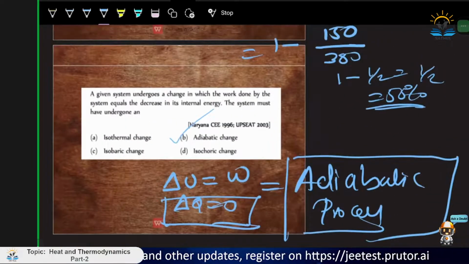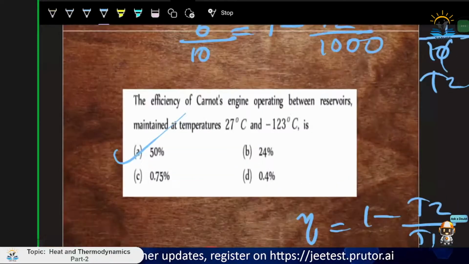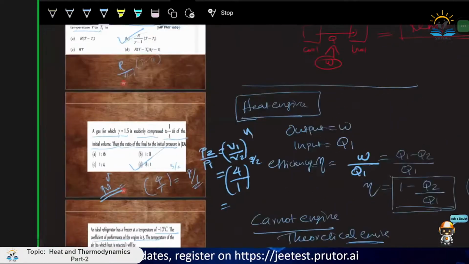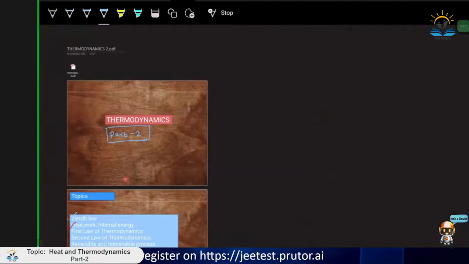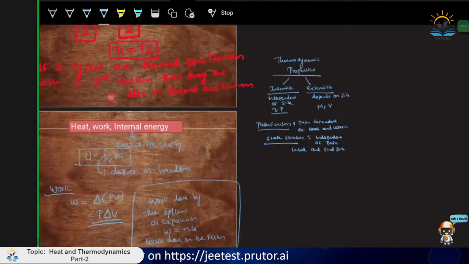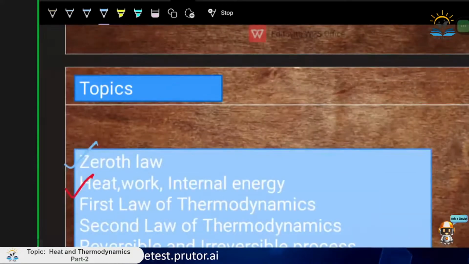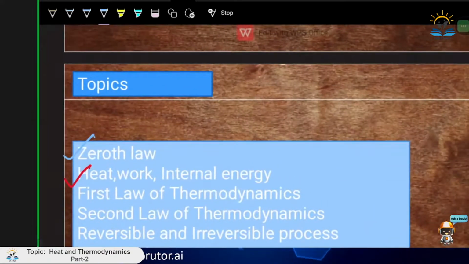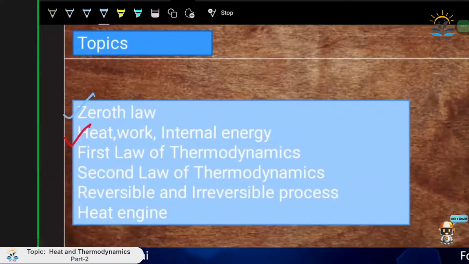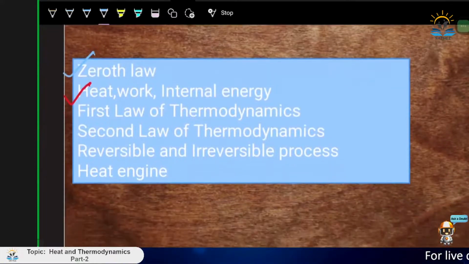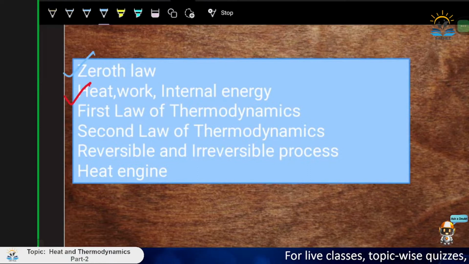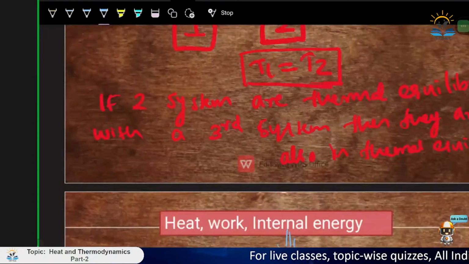Okay, fine. So we have almost completed thermodynamics part 2. I hope I discussed the important topics, not every topic, but the important ones. The majority of the questions will come from this area. Zeroth law, heat, work, internal energy, first law of thermodynamics, second law of thermodynamics, that is Clausius statement, Kelvin-Planck statement, heat engine, refrigerator, reversible process, irreversible process, Carnot engine.